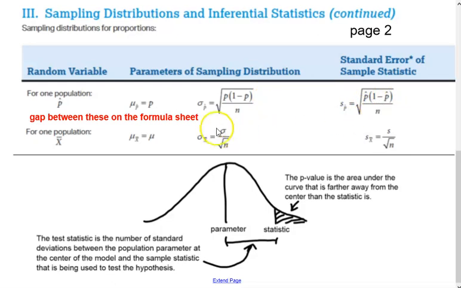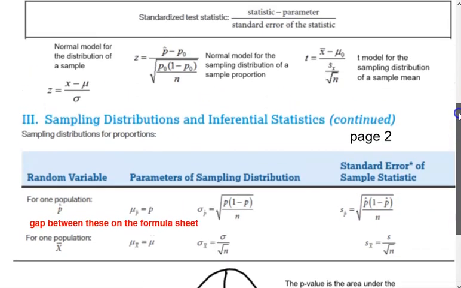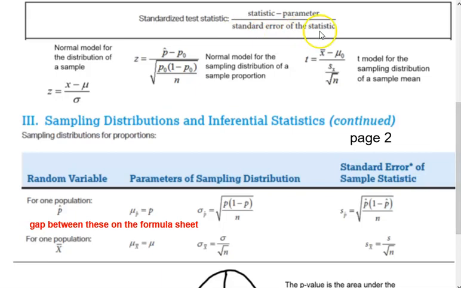But it's the same formula, just using whatever value we happen to know. So sigma of p hat, the standard deviation of p hat, is based on the population proportion. The standard error of p hat is based on the sample proportion. We always say standard error over here, but sometimes we're actually using the actual standard deviation if we happen to know the population.